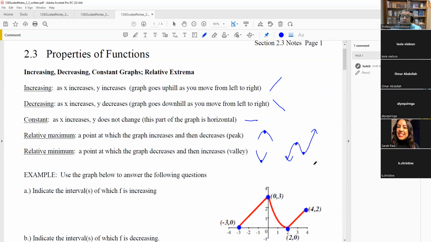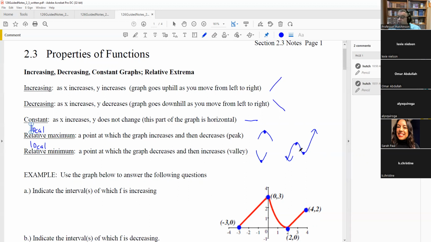What the word relative means is relative to the area that you're at. Now, these are also sometimes referred to as local maximum and local minimum. It depends on what book you're using and also what teacher you have. For instance, for calculus, you may see that referred to as local max or local min, but it means exactly the same thing as relative max, relative min, just different terminology.